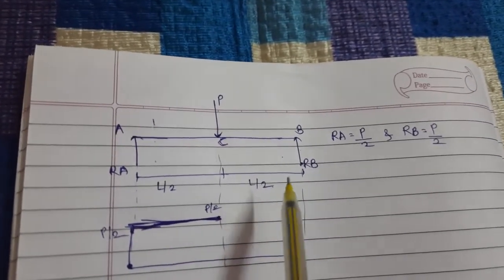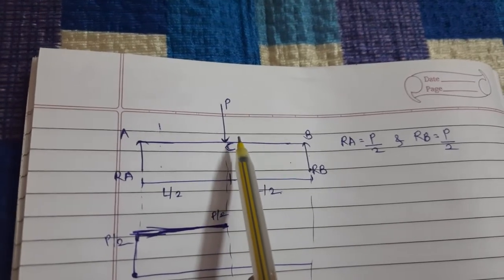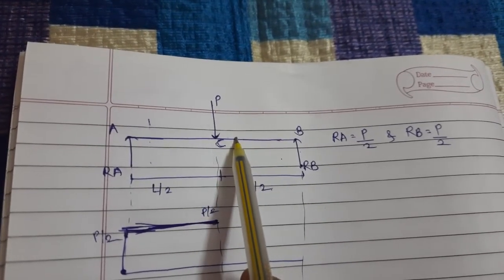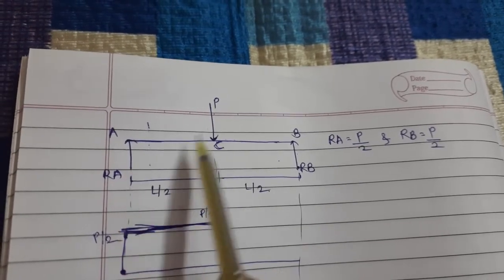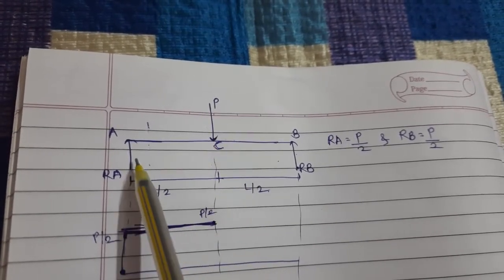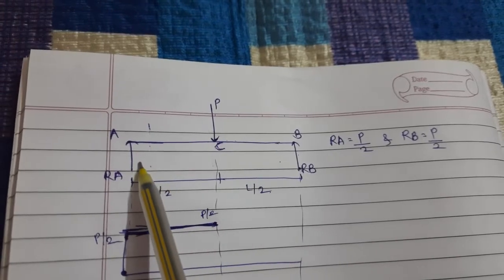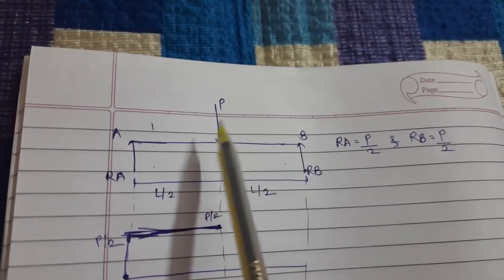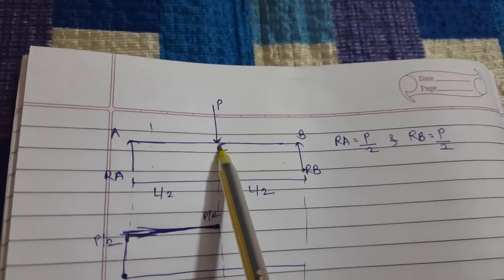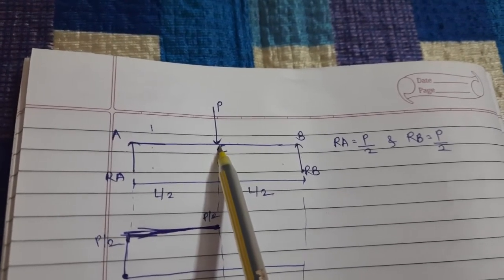Okay, now take a section at the right side of point C. Now we get two forces, the reaction RA and the force P, which gives P by 2 minus P.